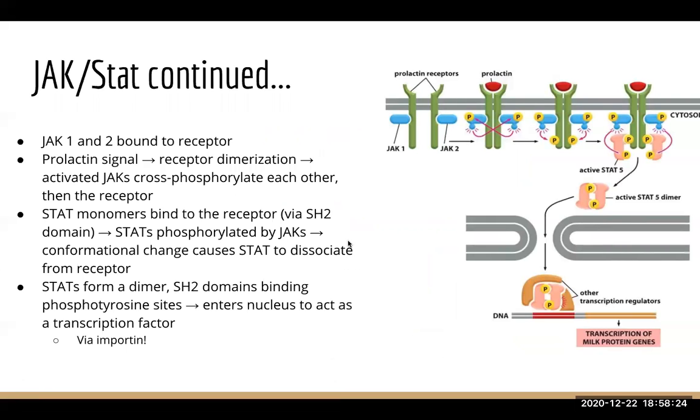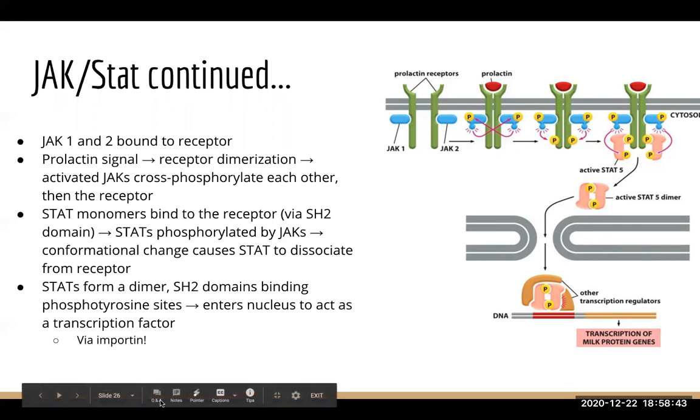Now the JAK-STAT pathway is kind of similar to the RTK pathway, but a little bit different. A big example that Laura likes to use for the JAK-STAT signaling pathway, from the textbook, leads to milk protein production for lactation.